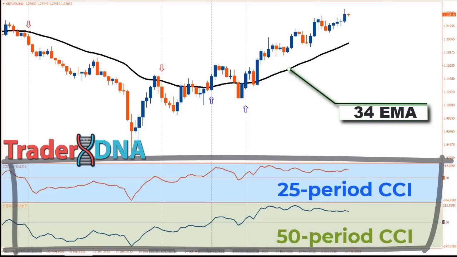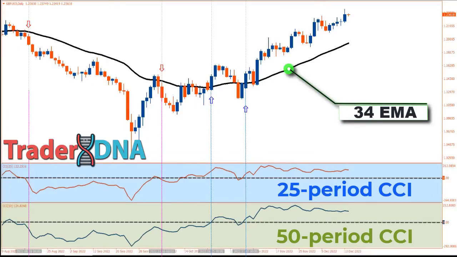Step number 2. Watch the market. Watch the market and wait until the market is active and moving decisively. Wait until the 50-bar CCI crosses the zero line, while the 25-bar CCI is on the correct side of the zero line, and the price is on the correct side of the 34-period exponential moving average.